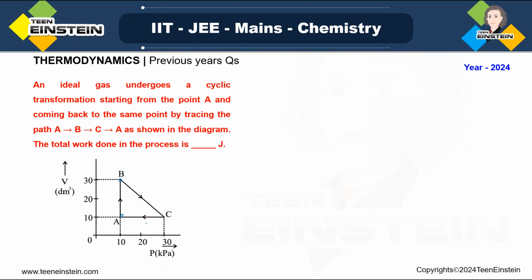Then from B to C, this is again clockwise, and we are moving finally from C to A. So this is a cyclic transformation. An ideal gas undergoes cyclic transformation starting from point A, coming back to the same point A, following this path. It is already shown in the diagram.